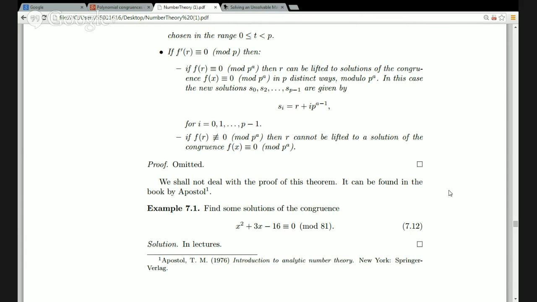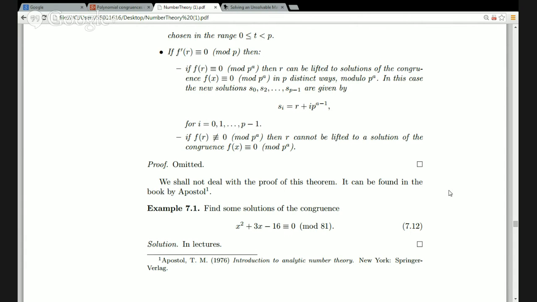So f of x is x squared plus 3x minus 16. So we need 49 plus 21, which is 70, minus 16 is 54.